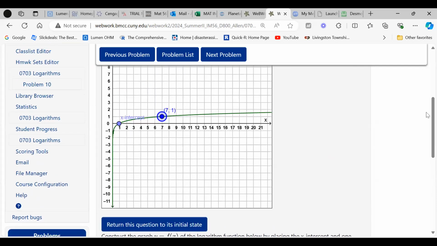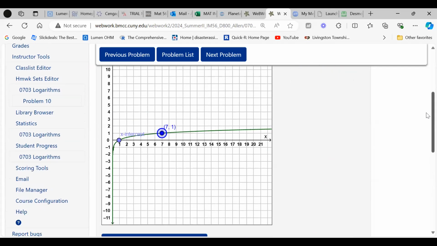The boundary line, or the asymptote, is the y-axis. See that? It's bounded by this y-axis but never passes through it. And also the x-intercept is 1, 0.